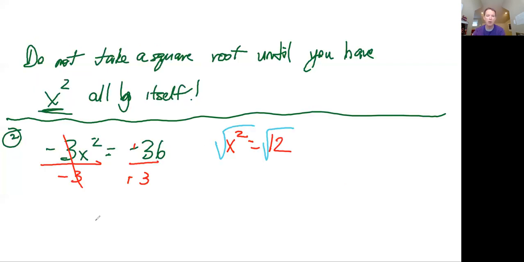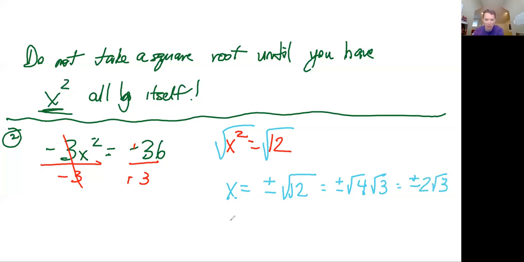So when I take the square root here, I'm going to get x equals plus or minus the square root of 12. But a few days ago, you learned how to simplify square root of 12. That is plus or minus the square root of 4 times the square root of 3, which is plus or minus 2 square root 3.